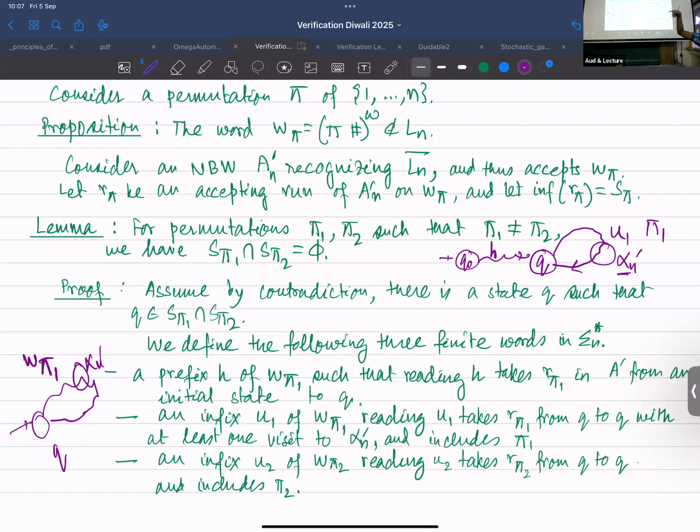So if I take a loop from Q to Q that is large enough, it should visit some state in alpha n prime.